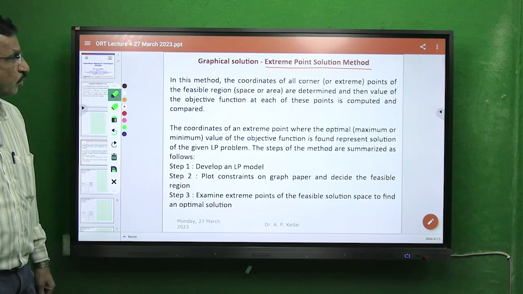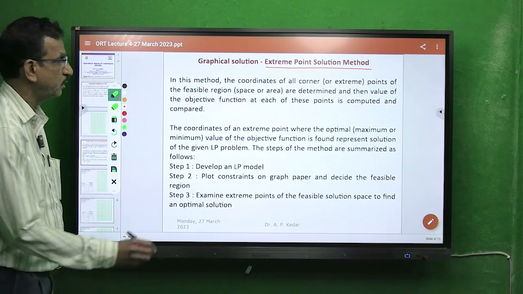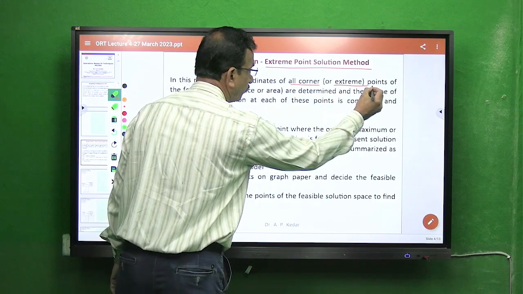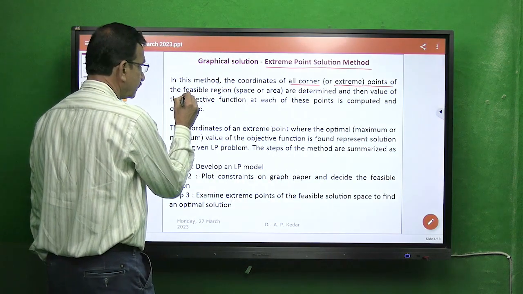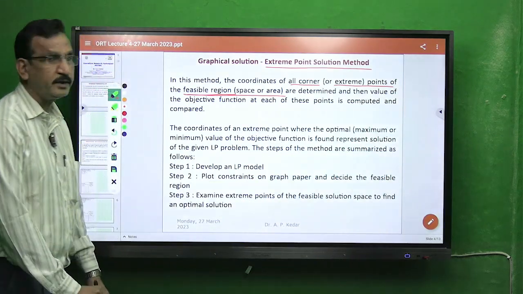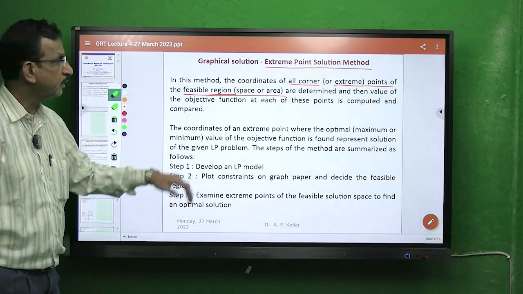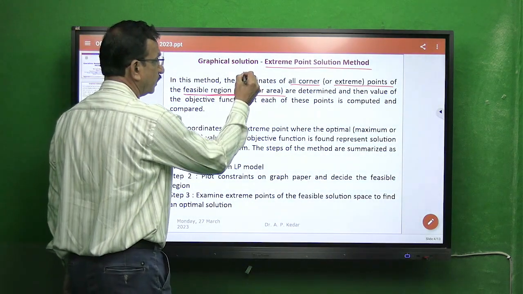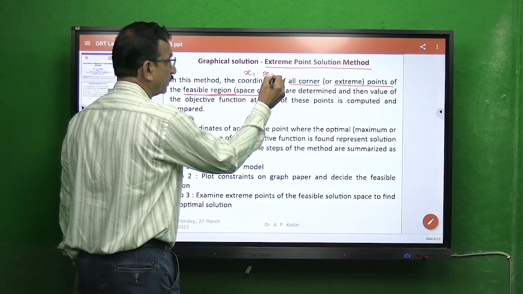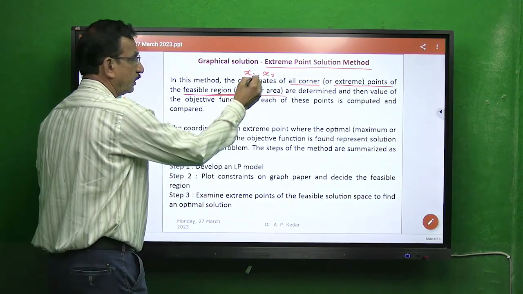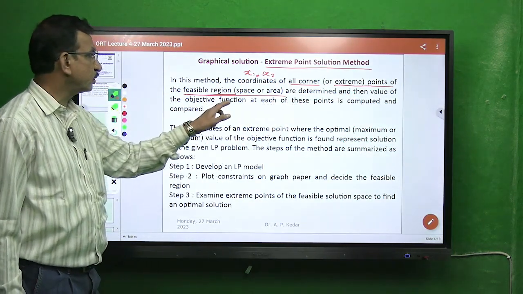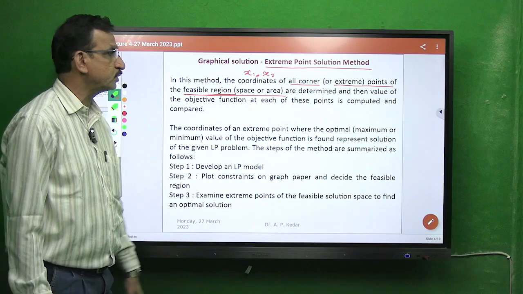In this method, the coordinates of all corner points, the word all corner or extreme points of the feasible region, this is very important, are determined. First we will determine the coordinates, means x1 coordinate and x2 coordinate for the given line, and then the value of the objective function at each of these points is computed.